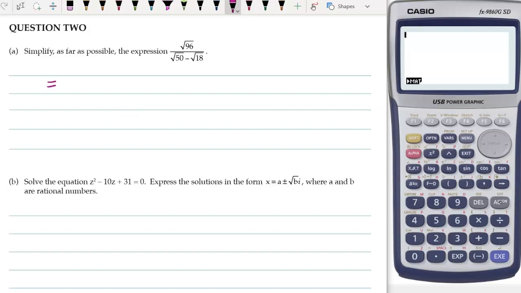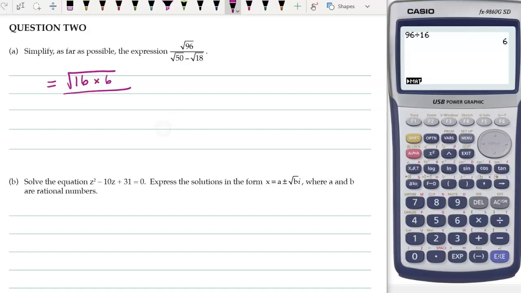The root 96, we're looking for a square number that goes into 96. Well, you can divide 96 by 16. Now, if you don't get that straight away, you can do a smaller number, and you just keep going until you find something that will work for you. So root 96 is root 16 times 6.